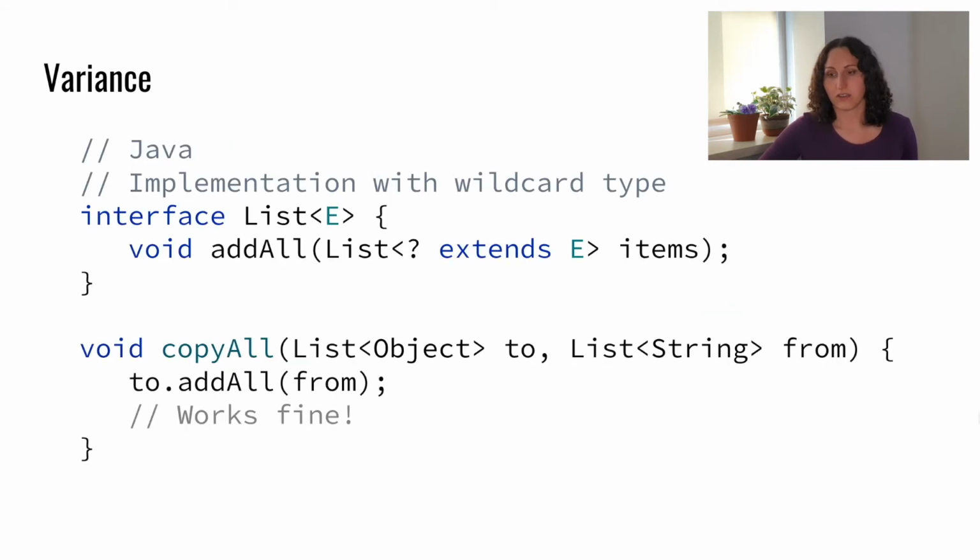Of course, with such a definition of our interface, now we can safely use addAll with our list of objects and list of strings, because now the compiler understands that it's okay because string is a subtype of object, so we can safely put string elements into a list of objects, which is pretty great.